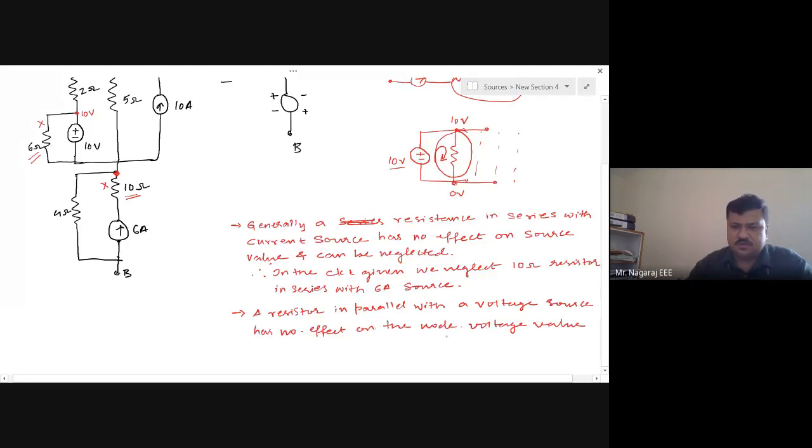So it has no effect on the node voltage value and hence can be neglected.